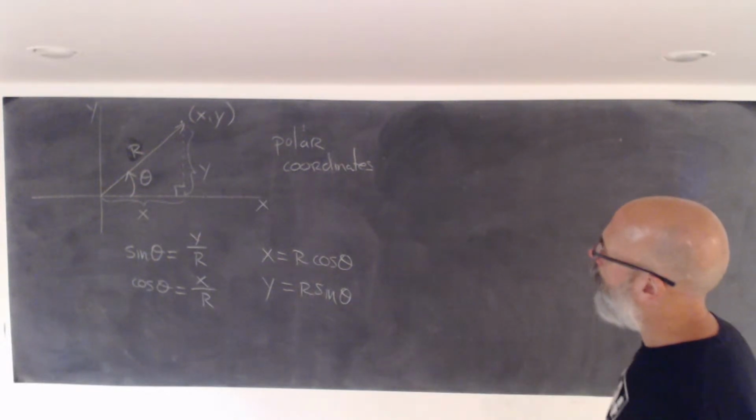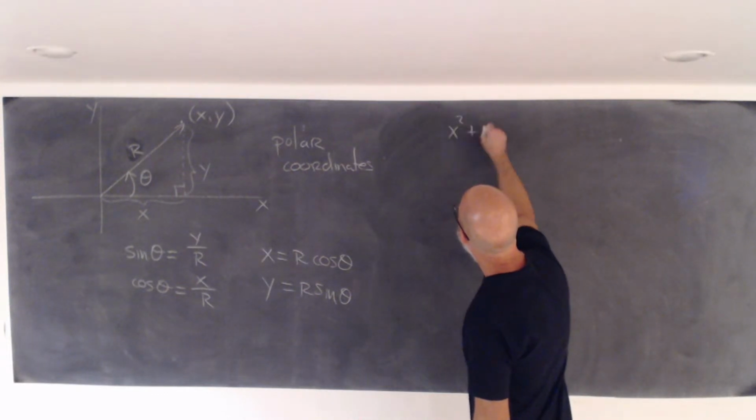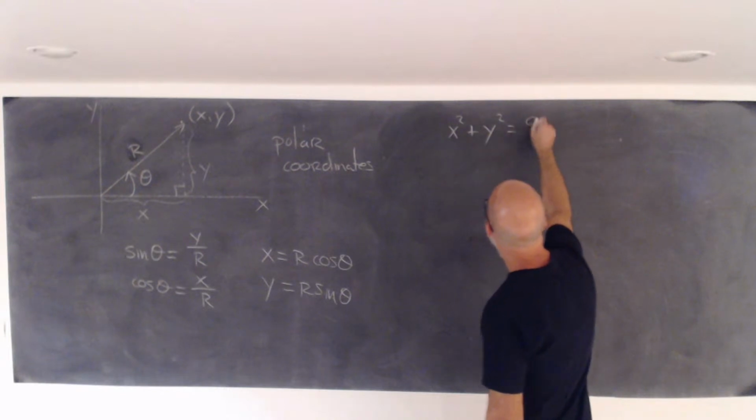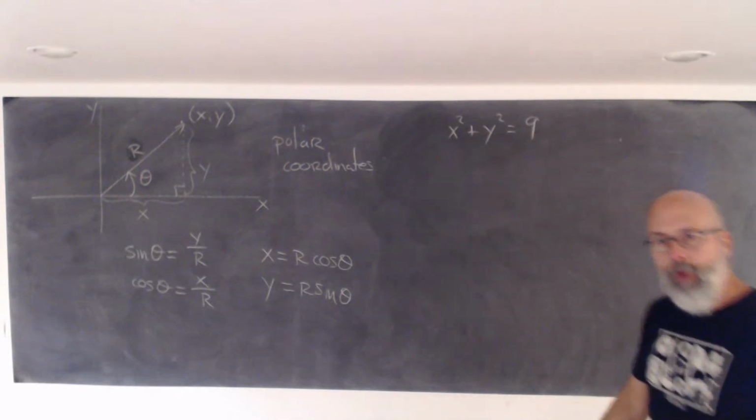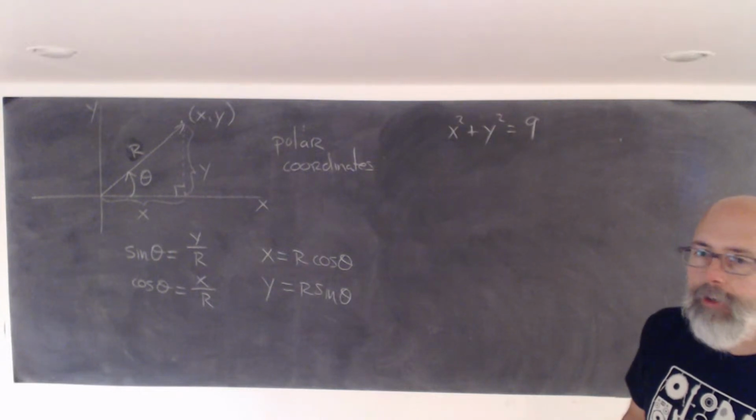In particular, consider the circle centered at the origin, x squared plus y squared equals 9.